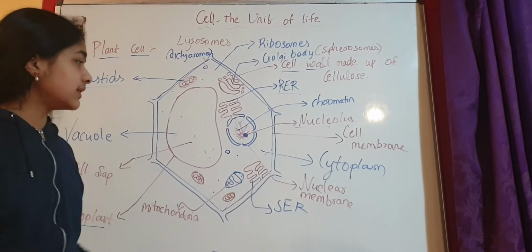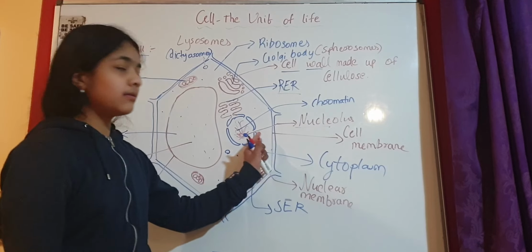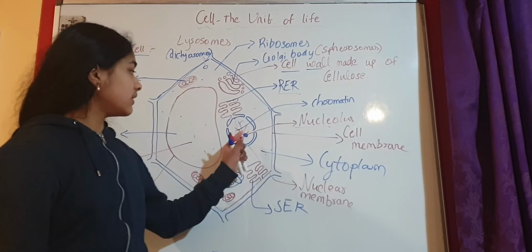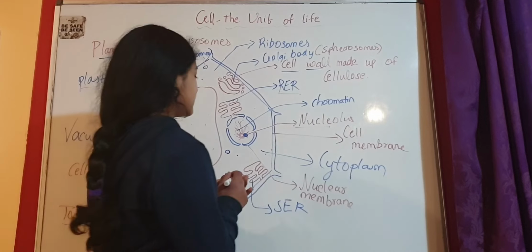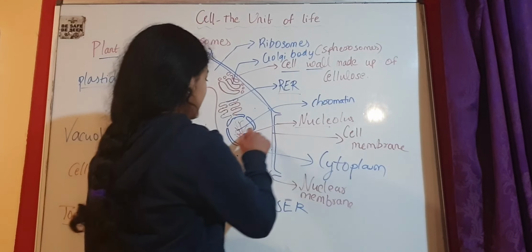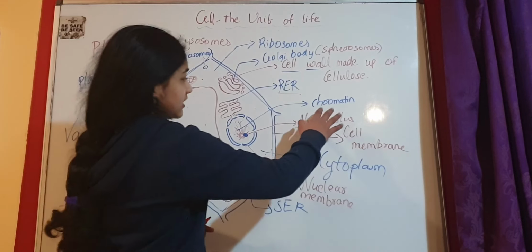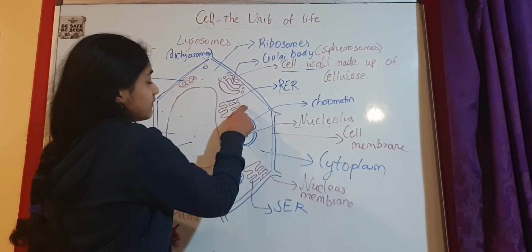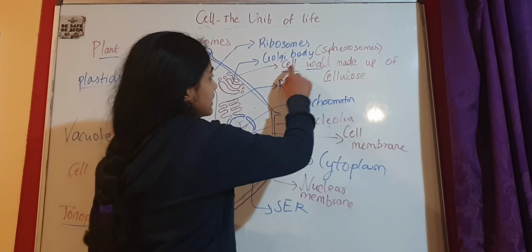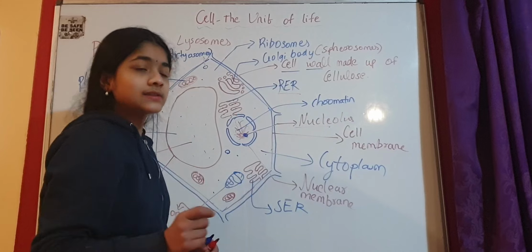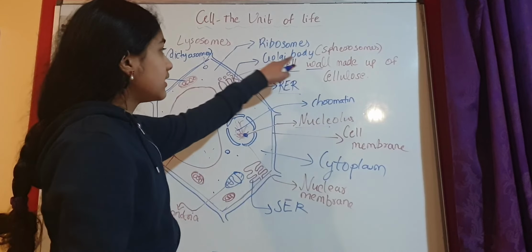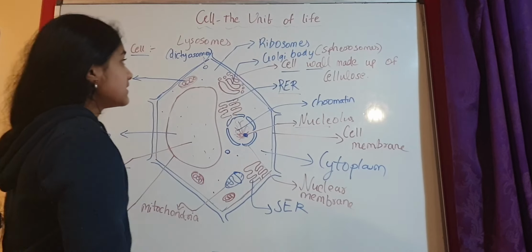The cytoplasm, the gel and the sol. The cell membrane, biomembrane. Nucleolus, this nucleolus makes ribosomes. Chromatin, the DNA, the genetic material. And we have looked at RER, which is rough endoplasmic reticulum. Cell wall, which is made up of cellulose in case of plant cells. And Golgi body, or spherosomes in plant cells.